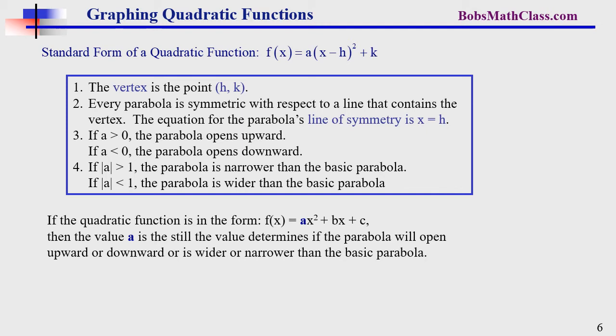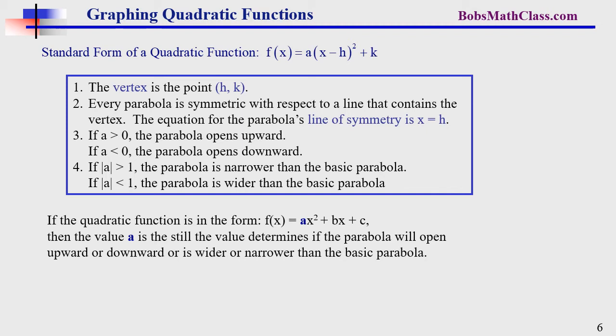Okay, if a is greater than 0, the parabola opens upward. So if a is positive, it goes up. And if a is less than 0, if a is negative, it opens down. If the absolute value of a is greater than 1, then the parabola is narrower than the basic parabola.